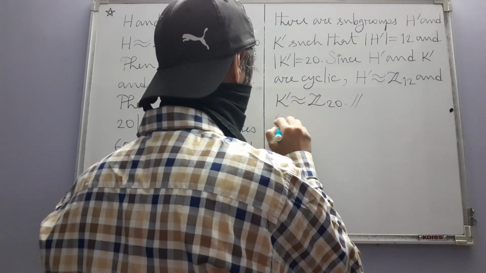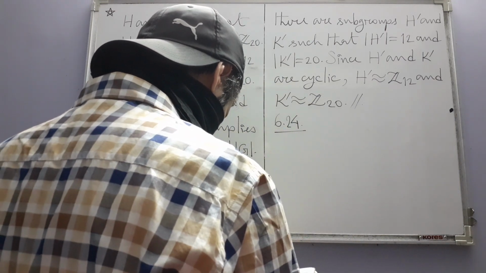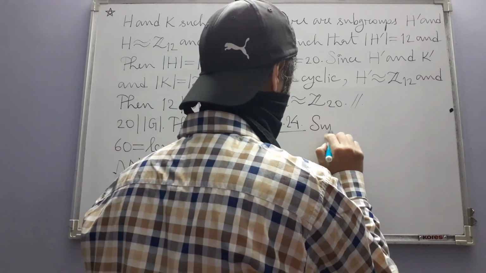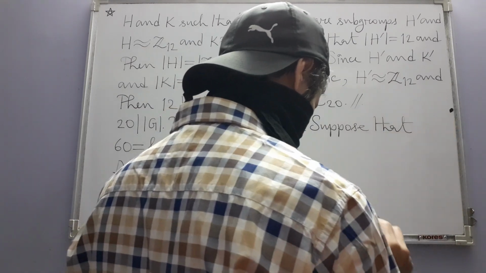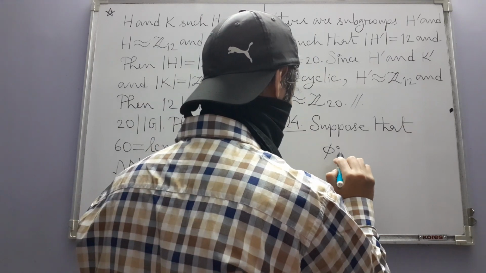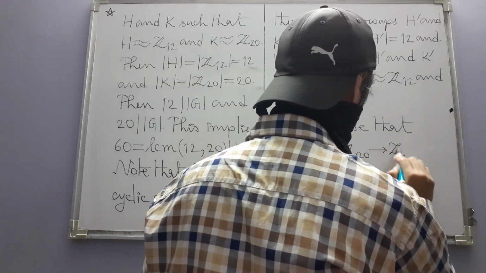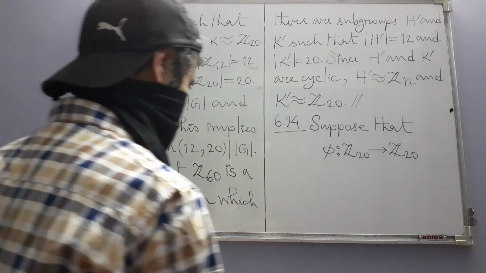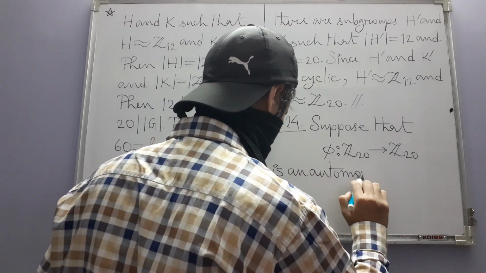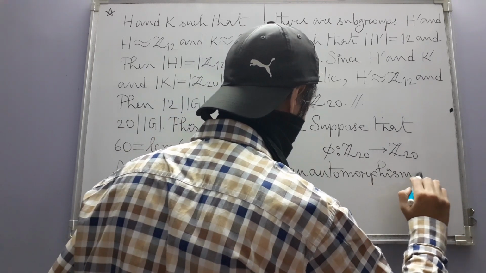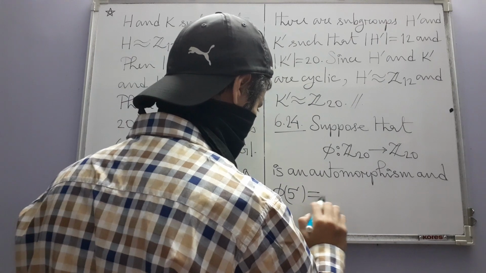Next, (24). Suppose that phi from Z20 to Z20 is an automorphism, and the image of 5 under phi is 5 itself.